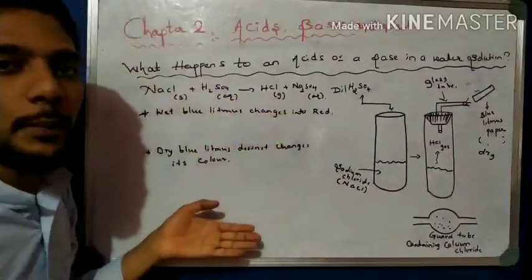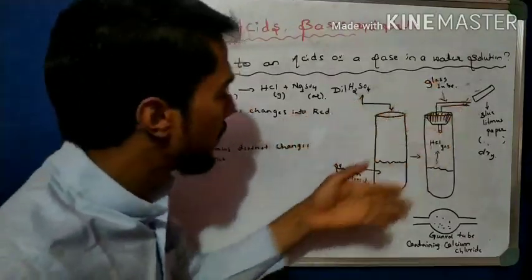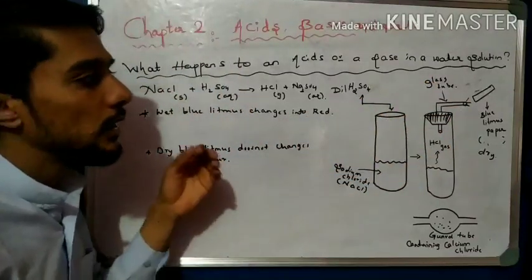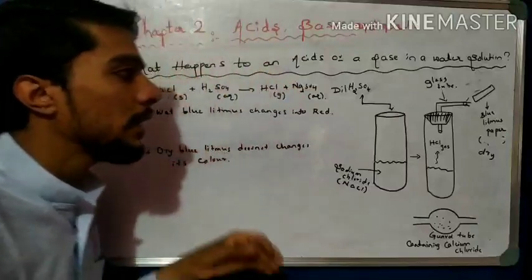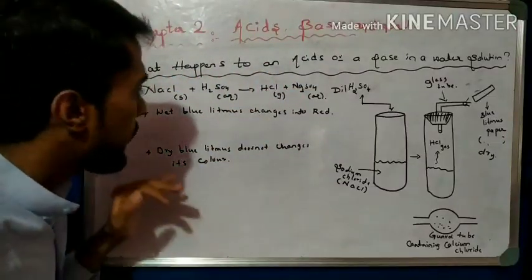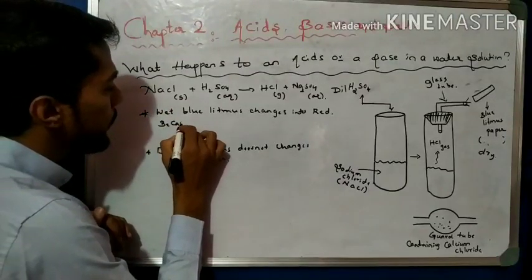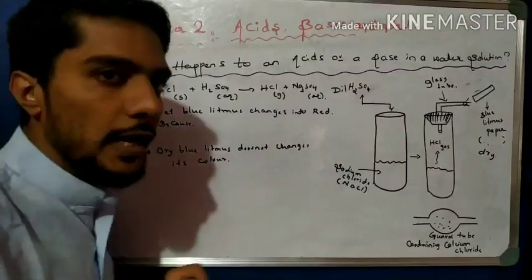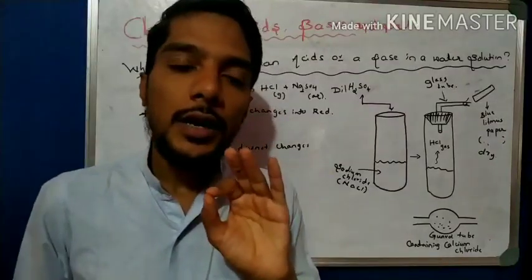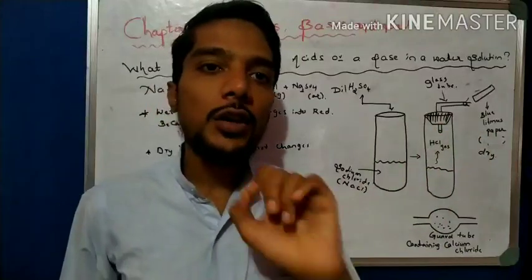Why does this change happen? In the wet litmus paper the color changes, but in the dry litmus paper the color does not change. So one question arises. The answer is that the acidic nature of HCl is due to the presence of H plus ions.